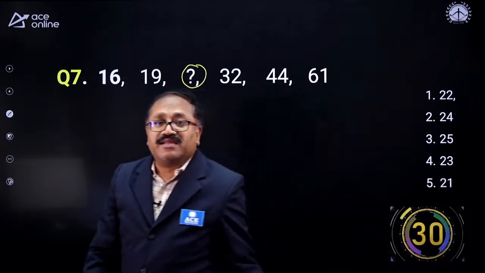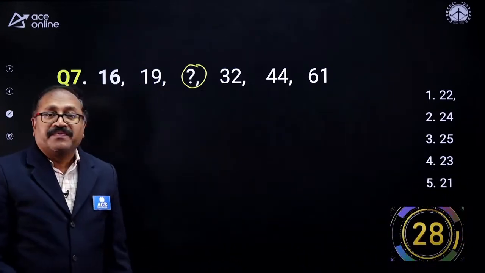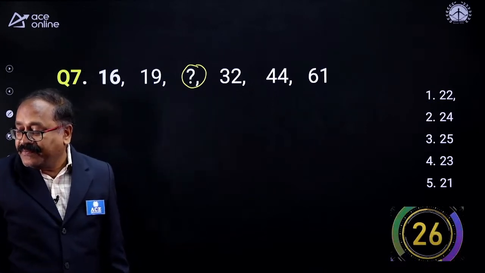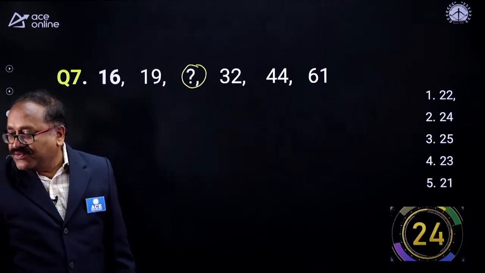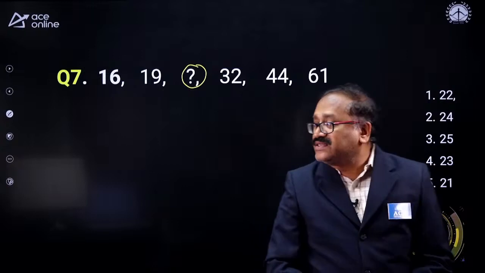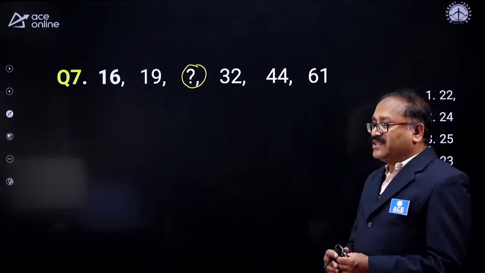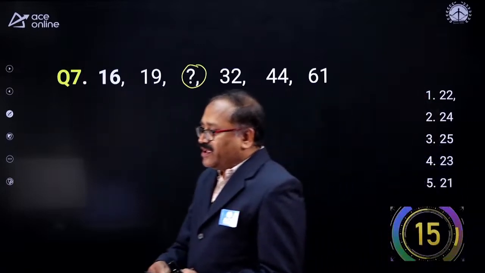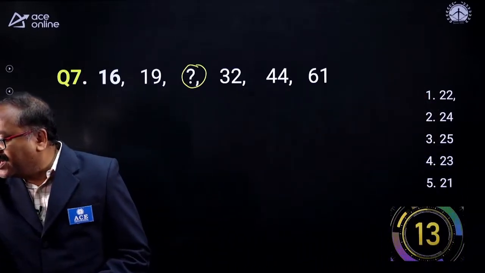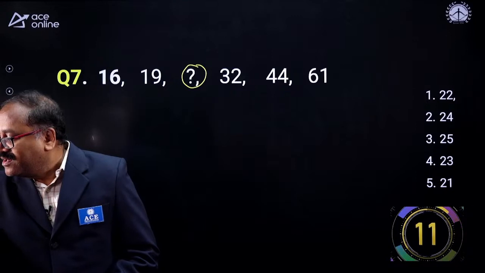Now, here 30 seconds for you. Yes, come on. Who will answer first? Who will answer first? I am just looking for the board where you... Arey wow! Sai Kumar 23.